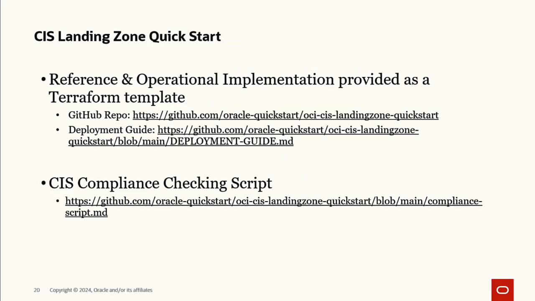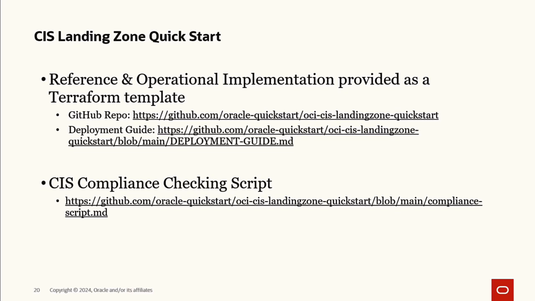So within the Quick Start project, this public GitHub, we actually have two independent deliverables. First is this Terraform template that I've been talking about so far. I have the GitHub address here and deployment guide. But also we have a very, very powerful companion, which is the checking script.